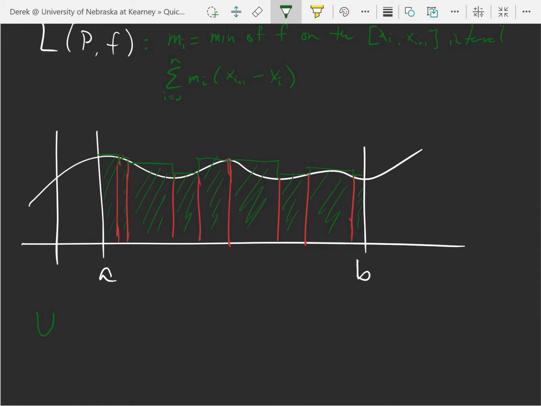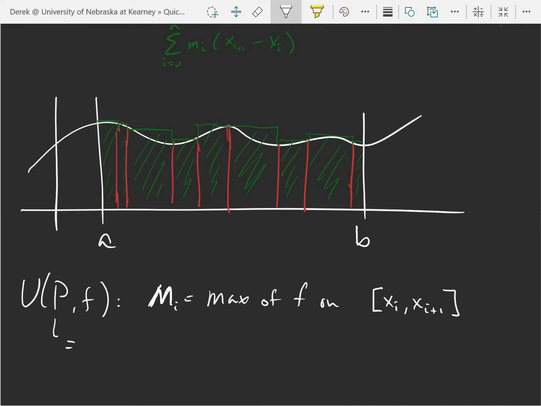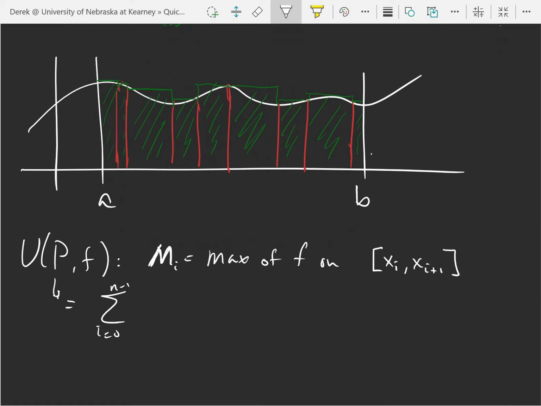And that's going to be the upper Riemann integral on that partition, and we find that by, let's set capital M_i equal to the max of f on the interval x_i to x_{i+1}, and then this upper integral is equal to the sum from i equals 0 to probably n minus 1, so that I don't count an empty interval over here, of M_i times (x_{i+1} minus x_i), which is, this is the width of each rectangle and this is the height.